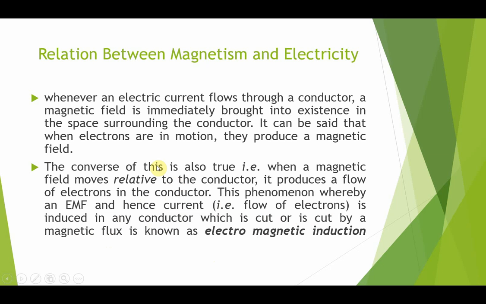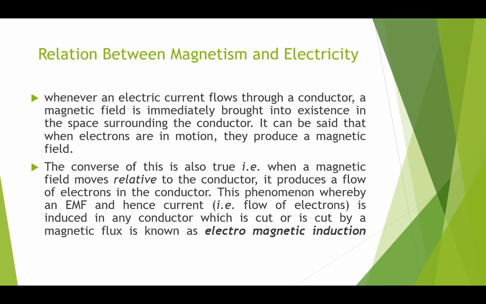Meaning, when we have a magnetic field moving or changing with respect to the conductor, it produces an EMF across the conductor, and with this, current flows in the conductor.